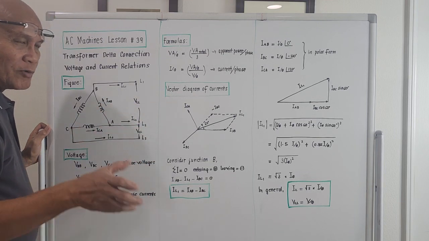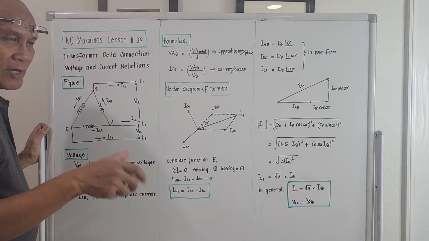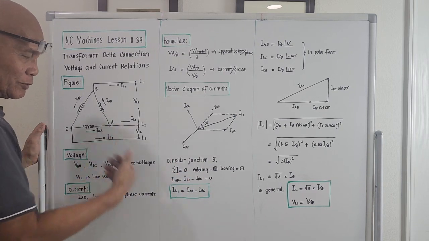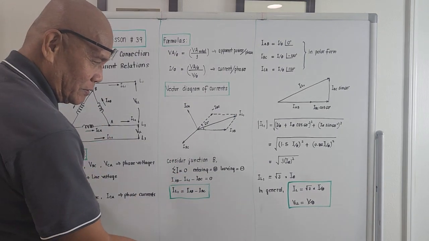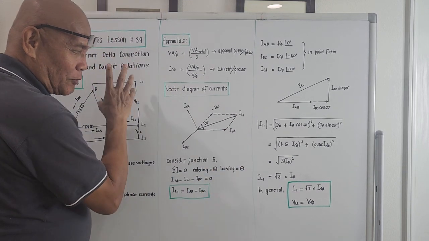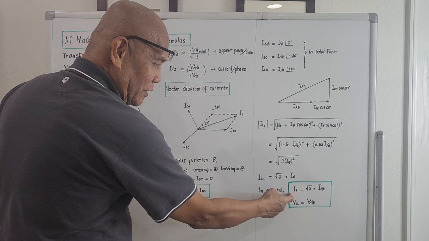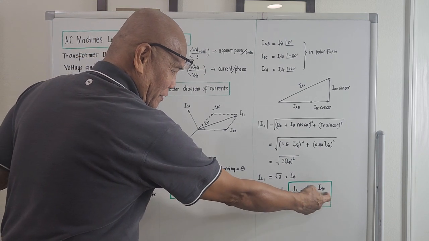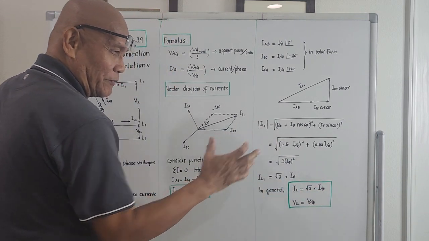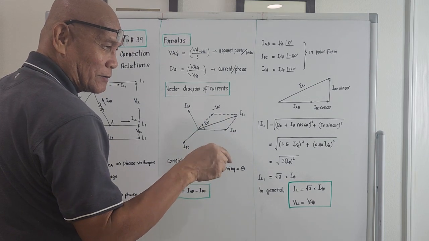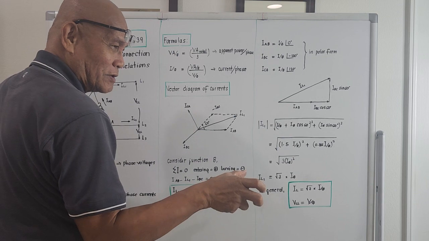This morning, we will be deriving the relationship of the currents and voltages. I will give you the result now before I proceed with the derivation. In general, for a delta connection, the line current is square root of 3 times the phase current. It is the reverse, because for the Y, the factor square root of 3 applies to the voltage.